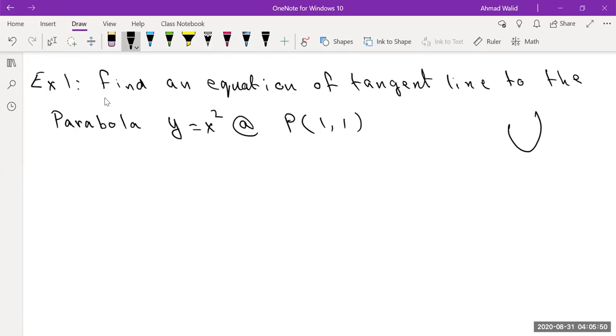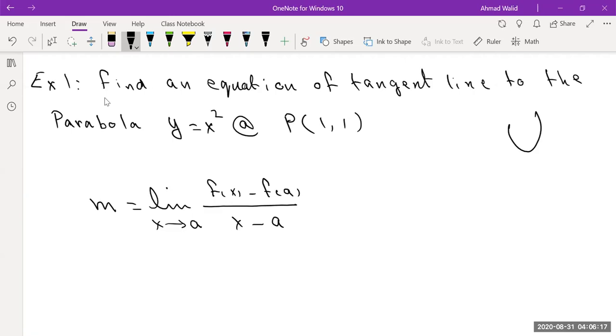To start with, my slope formula that I proved for you, m, the slope of the tangent line, m equals limit as x approaches a, if I use the first formula, of f of x minus f of a over x minus a.